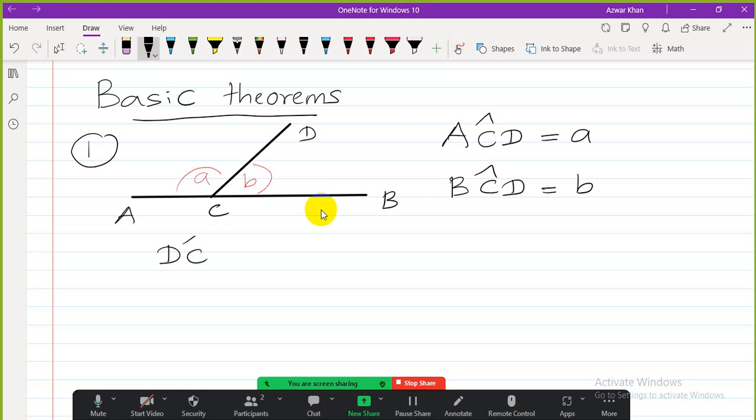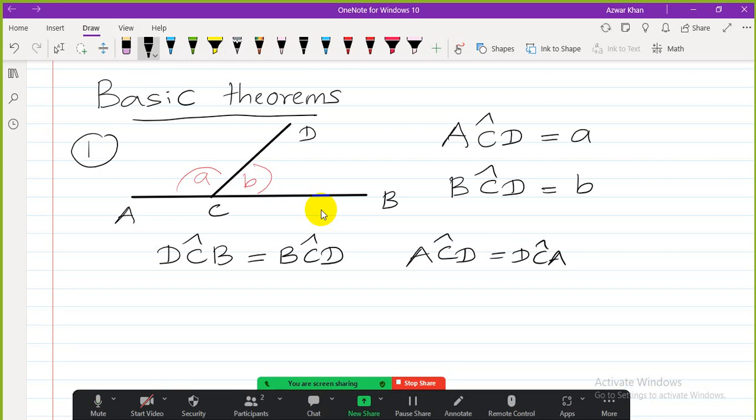DCB, BCD. Both are same or different? Both are same. See, the middle letter represents the angle. Similarly, I can say ACD and DCA.